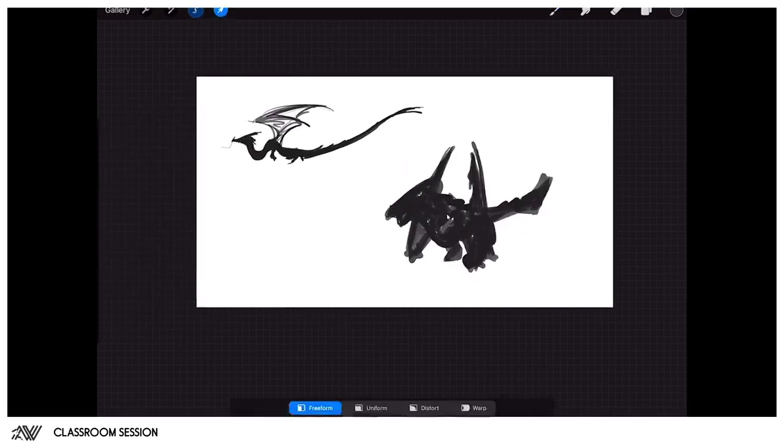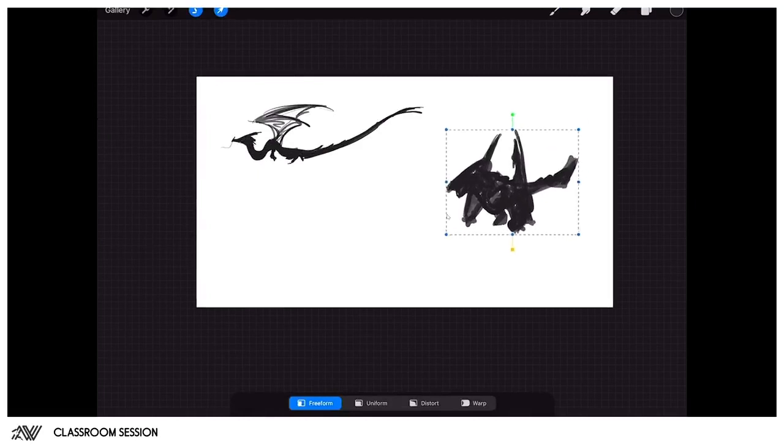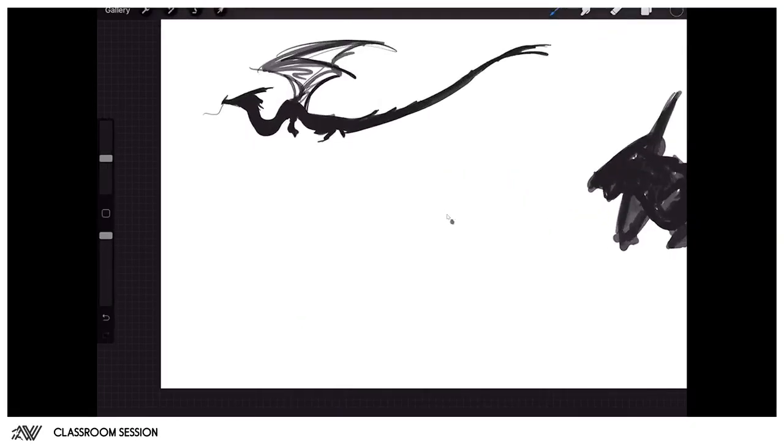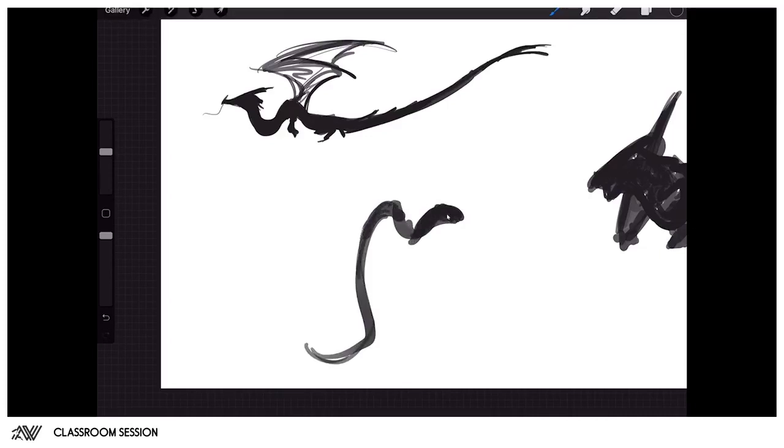So this is how I would go about thumbnailing, right? If it needs to be a bulky dragon, it could be like this. If it needs to be more like maybe an insect dragon, again, I start with the head. Go to the tail.